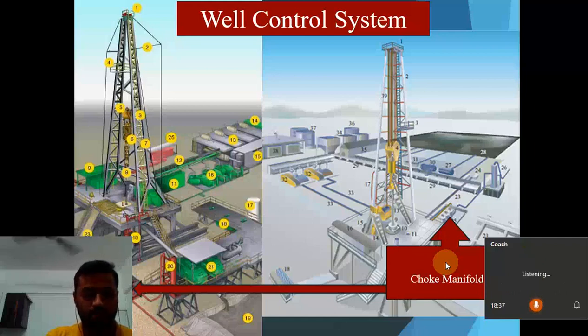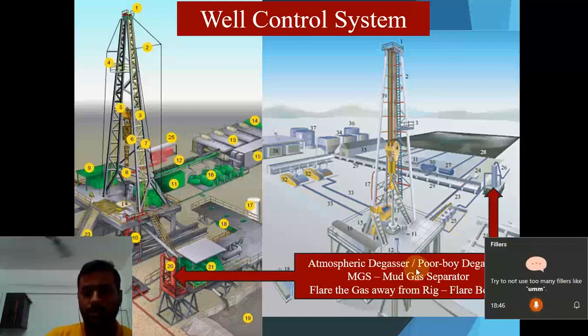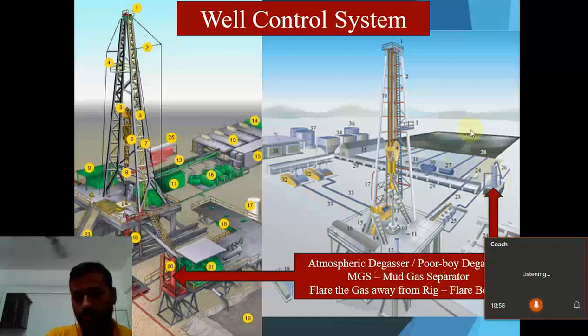From here, the gas and fluid is slowly released to further control our well. From there, it travels to the poor boy degasser, or atmospheric degasser, in short called the MGS, that is the mud gas separator.